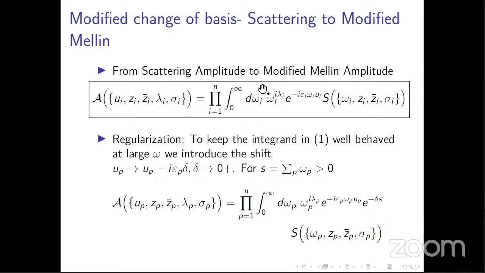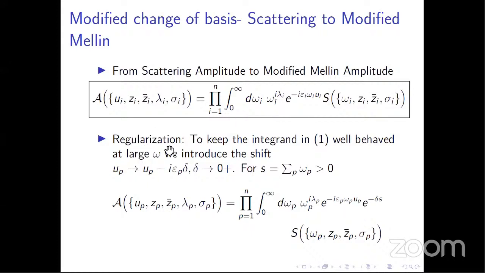Now, how does this change of basis actually look? Up to this factor it was the same, where S is the scattering amplitude. And for the modified one, we have added this exponential term extra.